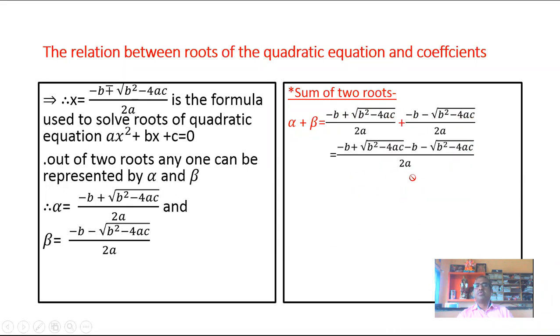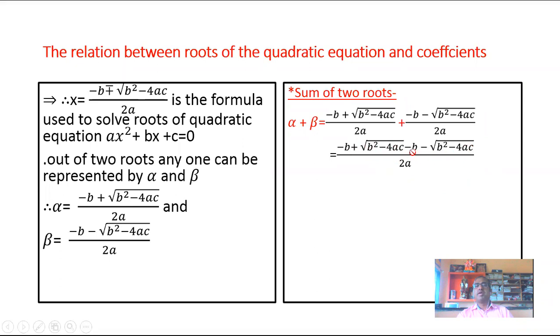Write one time the denominator 2a, and add the numerators: minus b plus root b square minus 4ac, plus minus b minus square root b square minus 4ac. At the numerator, square root b square minus 4ac having plus sign and minus sign; plus and minus the same number gives 0. Here root b square minus 4ac minus root b square minus 4ac is equal to 0.